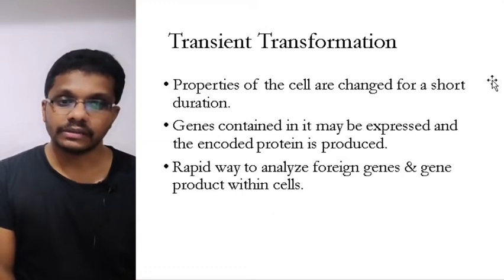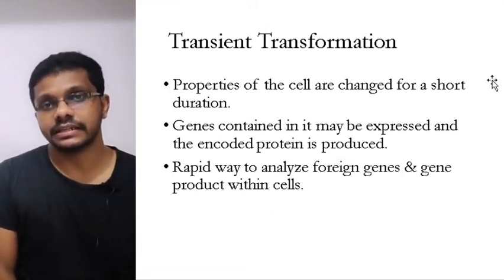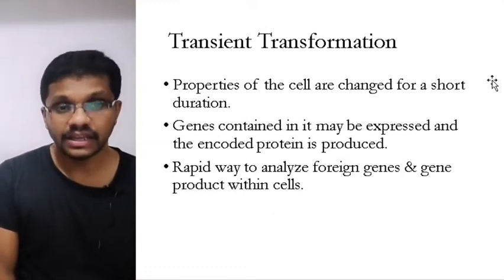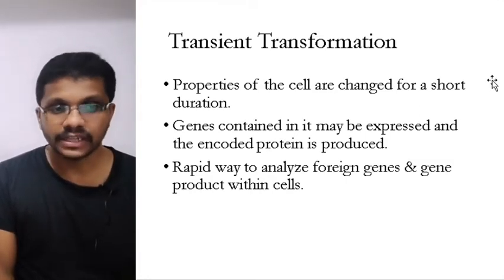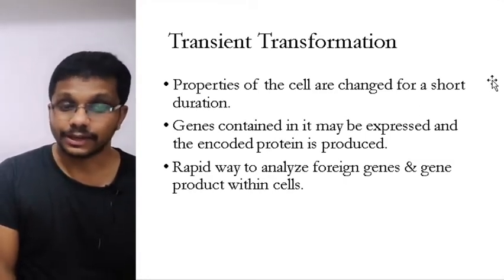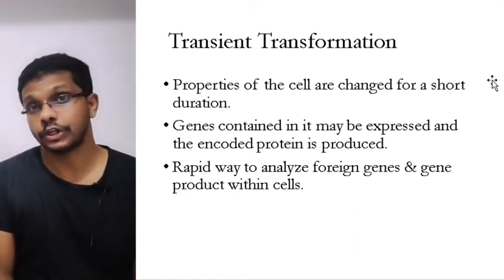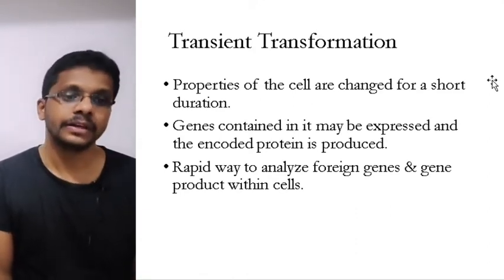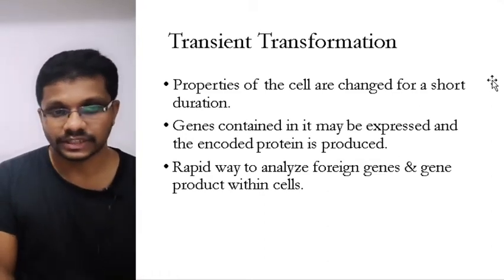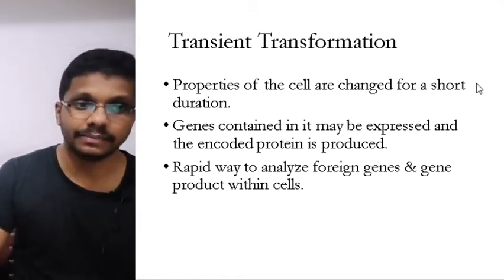So the genes within the recombinant DNA may express and produce the encoded protein, but it will not have a long-lasting effect. It won't be producing a cell line or a prolonged duration. The expression won't be there. So it's a rapid way of analyzing a foreign gene and the gene product within a cell, but the expression is transient.